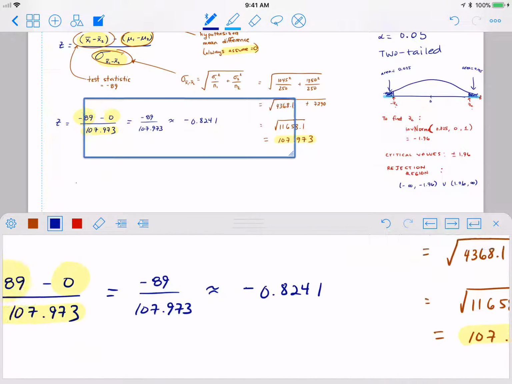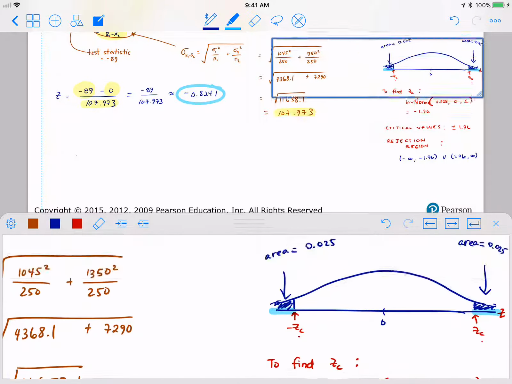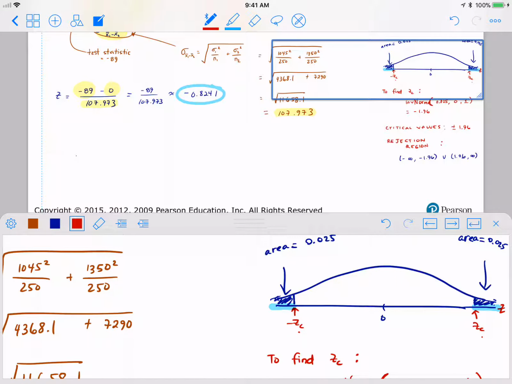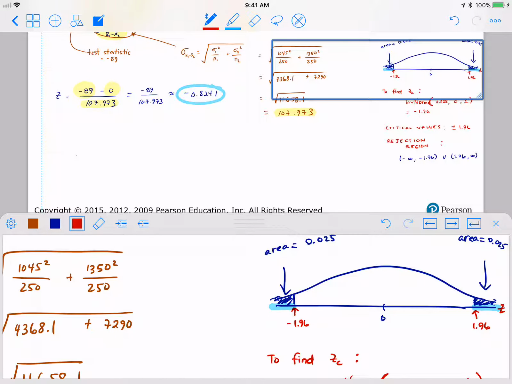And the last thing we're going to do is look and see where our test statistic is. This is our test statistic, negative 0.8241. If we put it on our little scale here, our left critical value is negative 1.96, and our positive critical value is 1.96. Our test statistic is negative 0.824, so that's a little less than halfway.